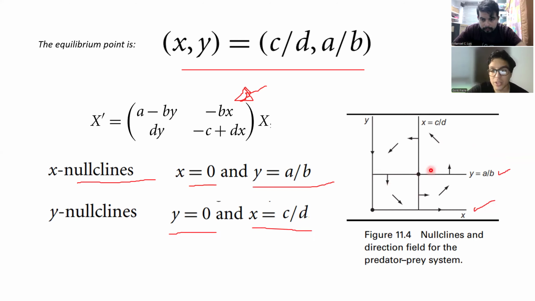So we only consider the region where X and Y are positive, and we divide this quadrant of the plane into four regions. Now we do the same analysis that we did before, and we get that the solutions are running counterclockwise about the equilibrium point.